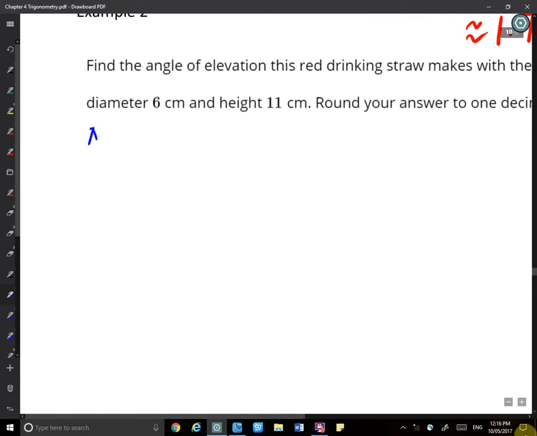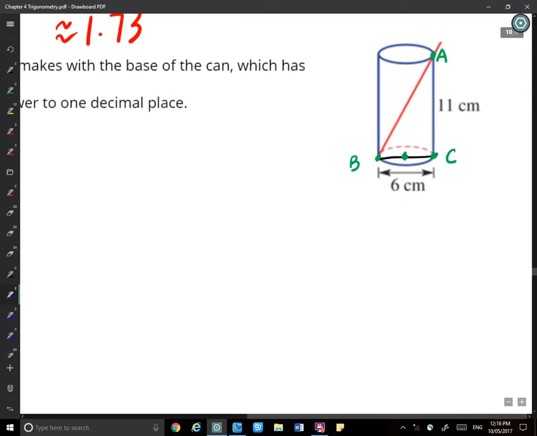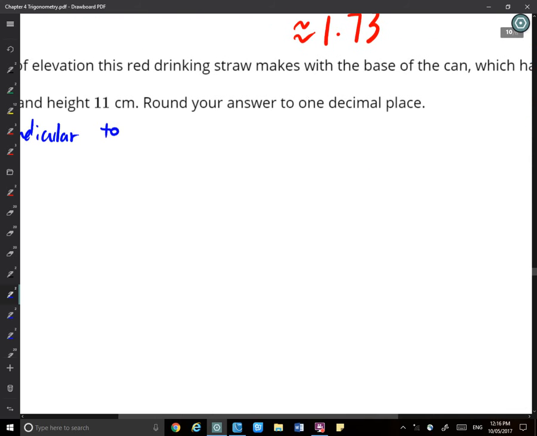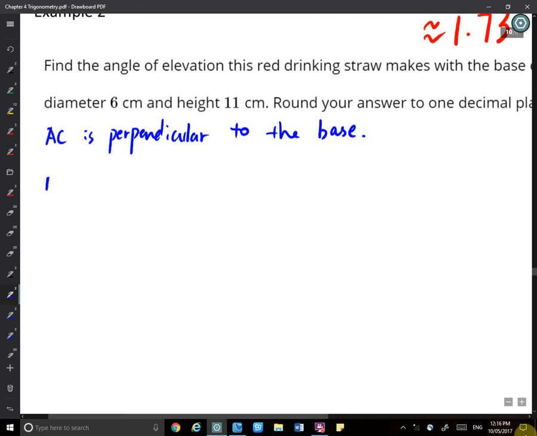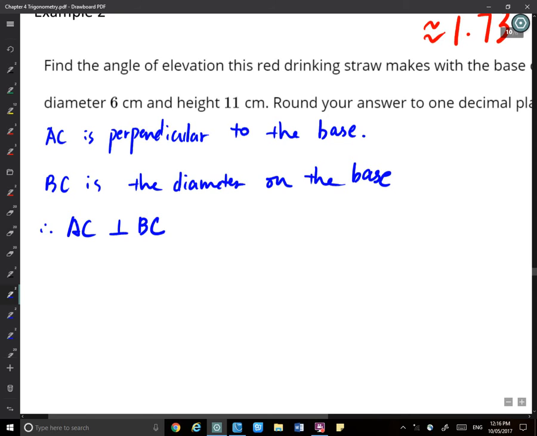So what you can say is AC is perpendicular to the base. BC is the diameter on the base. So AC must be perpendicular to BC.